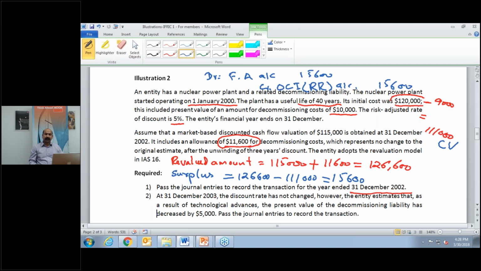Mariam, when a question says that this valuation has been done on a cash flow basis, and the effect of decommissioning is included in that calculation, how is that effect included? That effect is included as a cash outflow within that calculation.